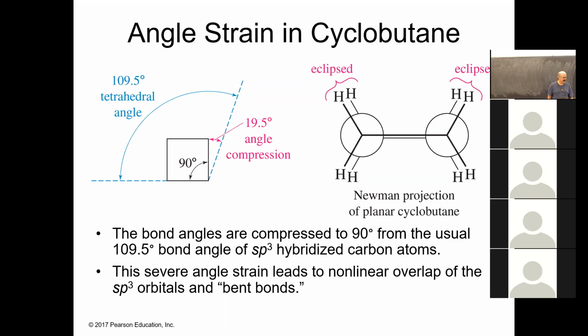Angle strain results when we have a very small ring, such as a 3 or 4 membered ring, in which the angles of the regular polygon, an equilateral triangle or a square, deviate from the ideal of 109.5 for a tetrahedral carbon.